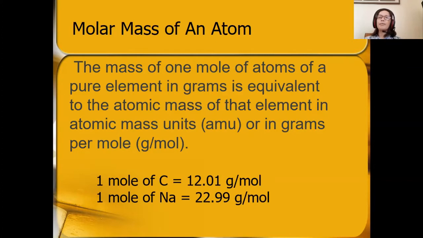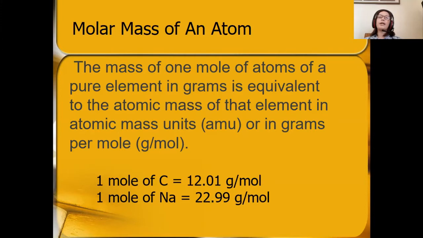Say, for example, for the element sodium, what will be the molar mass of sodium? Since sodium has a mass of 22.99, its mass in grams per mole is 22.99.